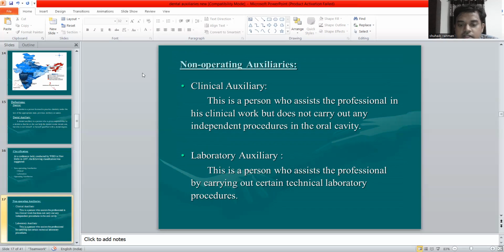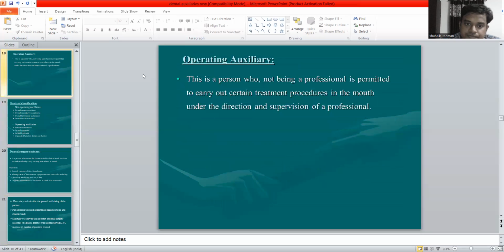The laboratory auxiliary is a person who assists the professional by carrying out certain technical laboratory procedures. The operating auxiliary is a person who, not being a professional, is permitted to carry out certain treatment procedures in the mouth under the direction and supervision of a professional.